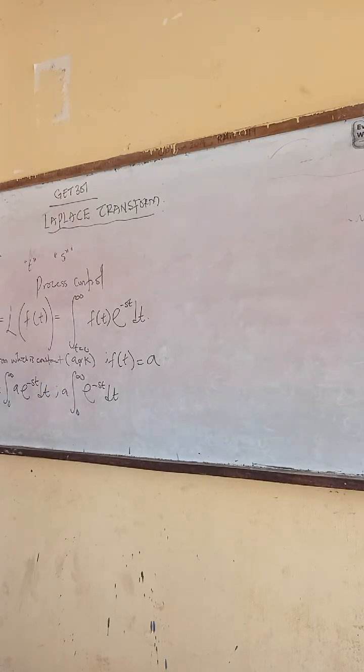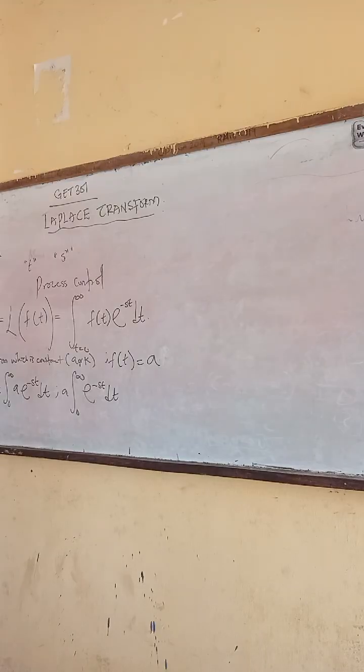For your integration, what is the integral of e raised to power kt? I'm not putting minus, just e raised to power kt. The integration is 1 over k exponential kt.